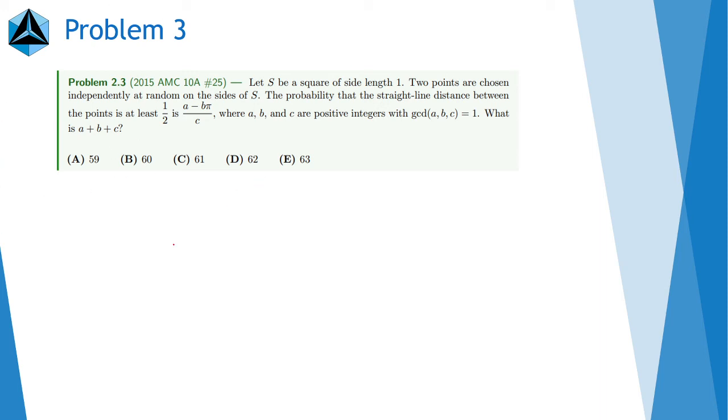So first of all, let's take this square. Now, you're going to pick points on the sides independently, and so we can break it into casework. First of all, the 2 points could be on the same side. So that's one case, the same side.